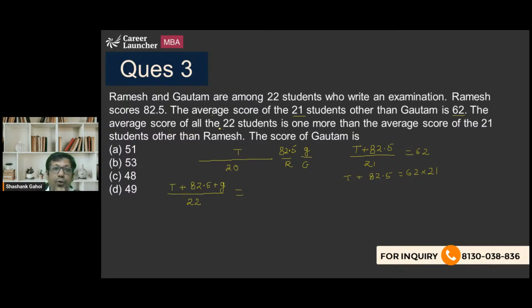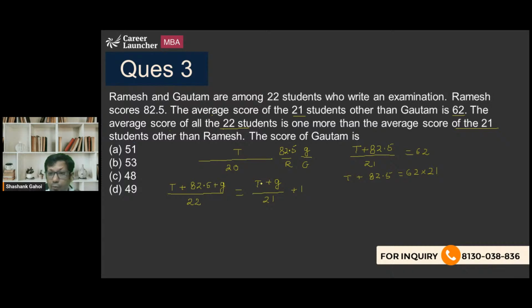The average score of all 22 students is one more than the average score of 21 students other than Ramesh. Okay. So what is the total score of 21 students? That is T plus G, if I leave Ramesh, upon 21. And the average score of all 22 students is one more than that, meaning plus one. So this is what we got.